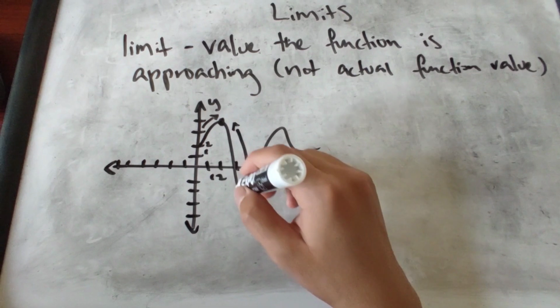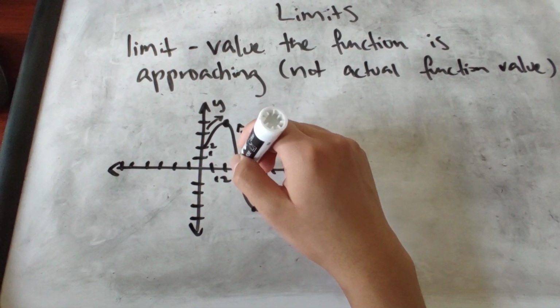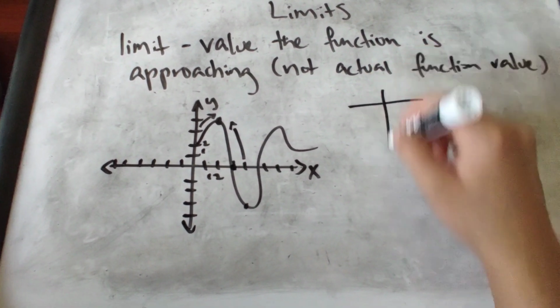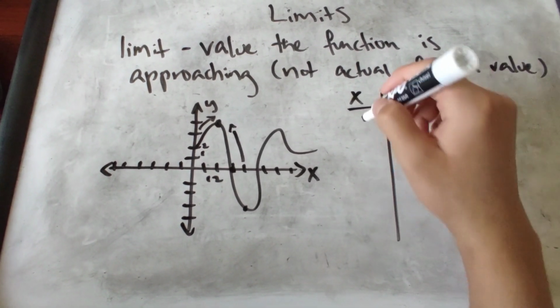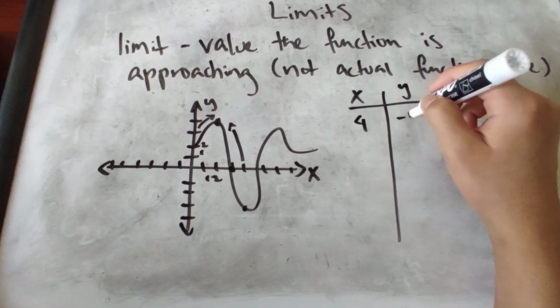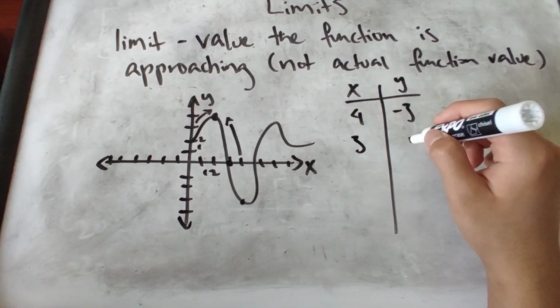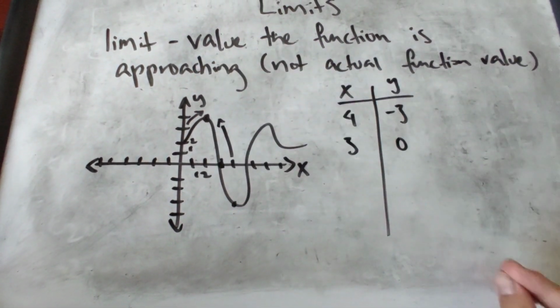But as you get closer and closer to the value of 2, when x equals 3, I'll just graph this out. So this is x, this is y. We start off with x equals 4, that's y equals -3. And when x is 3, y equals 0. And you see how we're getting closer to 4 up here.